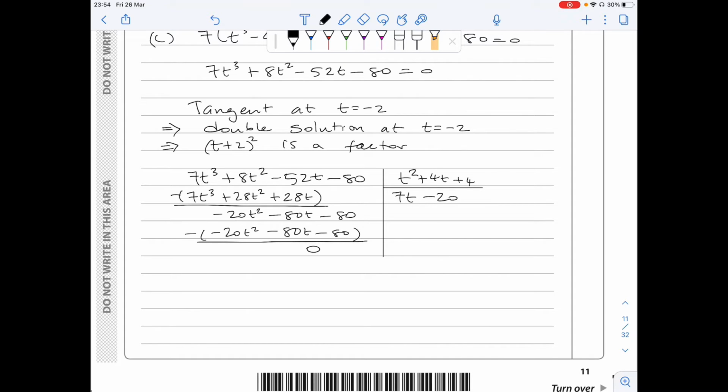So if I factorize my cubic equation, I will get (t plus 2) to the power of 2 times (7t minus 20) is equal to 0. So the missing t value is 20 over 7. And if I substitute this into the x equation, it will give me minus 40 over 49.